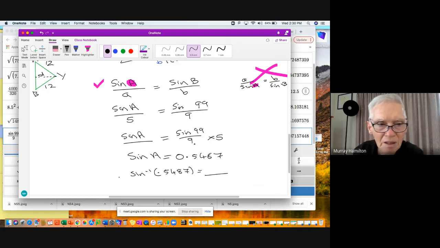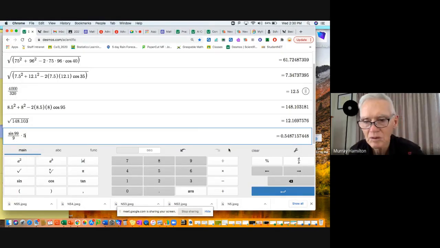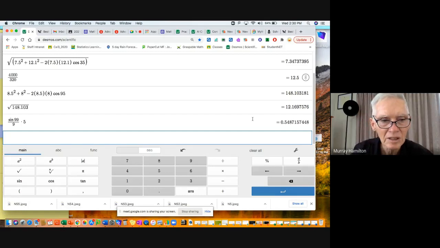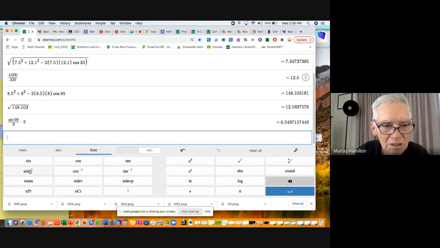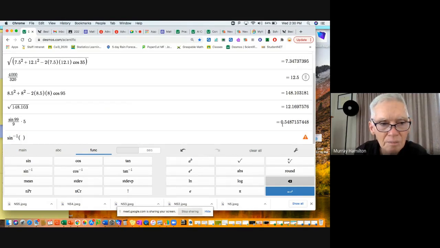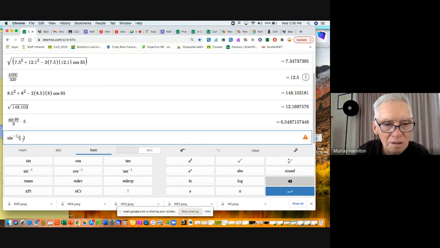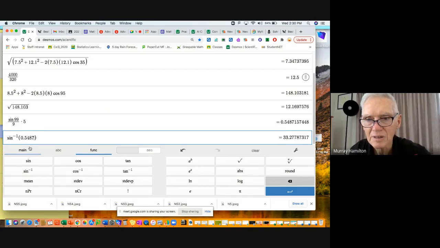So on my calculator here, I just go inverse sine. For this one, I think I have to press on the function. Here's my inverse sine. Can I just click that up? I can't. I have to type it in. 0.5487. And there's my angle, 33.3 degrees to 1 decimal place.